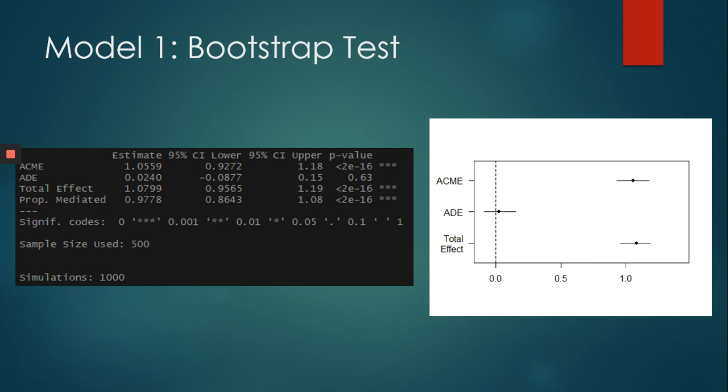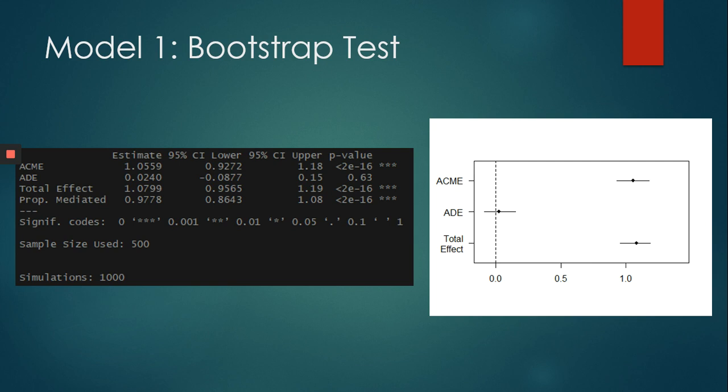And so what the bootstrap test does is it randomly samples, but also has replacement. So essentially what happens is it randomly samples and replaces the whole time our n, and then it does that however many simulations we delineate that we want it to do.